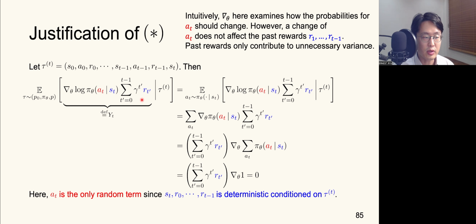All the past rewards, reward R0 up to RT minus 1, depend on the earlier actions. But the current action AT shouldn't affect how things happen in the earlier steps. So by keeping this term, the past rewards only contribute unnecessary variance. They will result in a 0 mean term, and they will contribute to unnecessary variance. So it's better to have them removed.